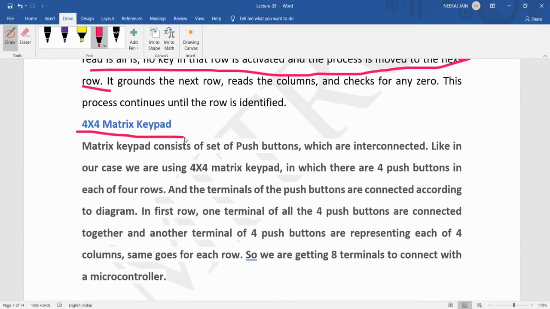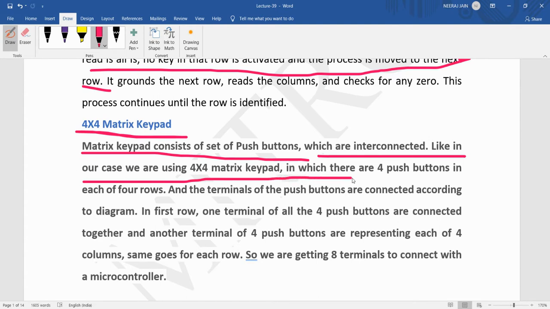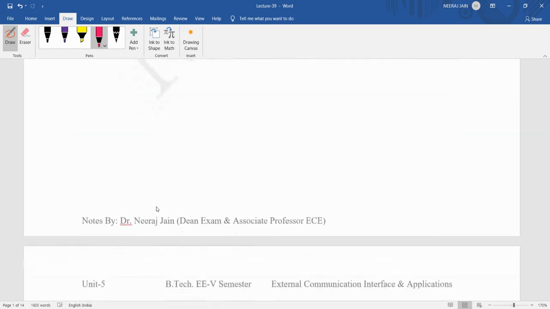We can see the 4 cross 4 matrix in detail here. It consists of a set of push buttons which are interconnected. We are using a 4 cross 4 matrix in which there are 4 push buttons in each row.